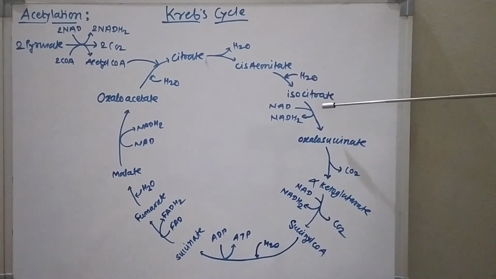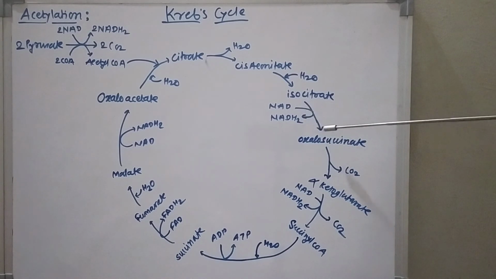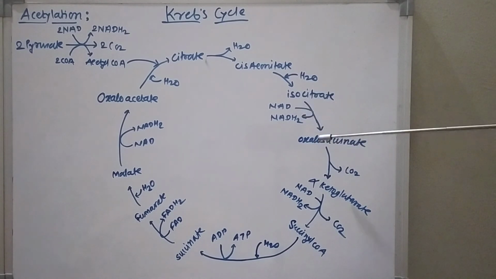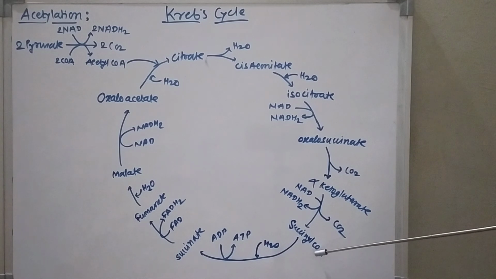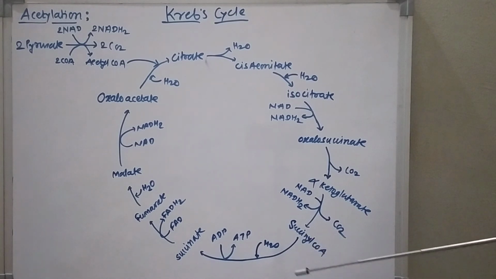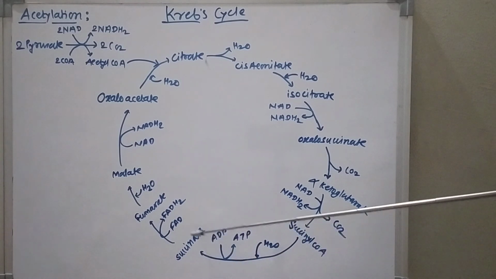Isocitrate by dehydrogenation, meaning loss of H2, is converted into oxalosuccinate. Oxalosuccinate by decarboxylation is converted into alpha ketoglutarate. Alpha ketoglutarate by simultaneous dehydrogenation as well as decarboxylation is converted into succinyl coenzyme A. Succinyl coenzyme A reacts with water to form succinate.